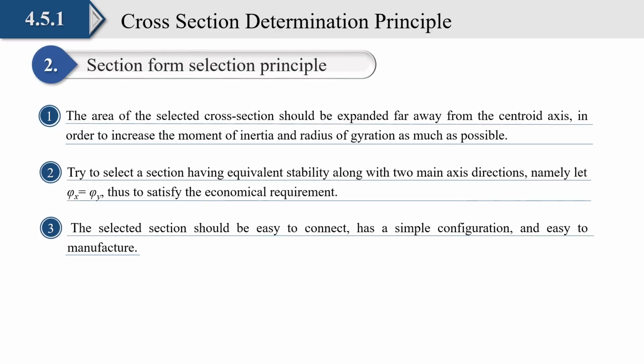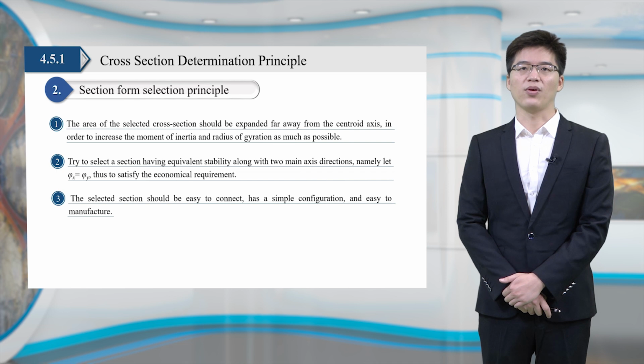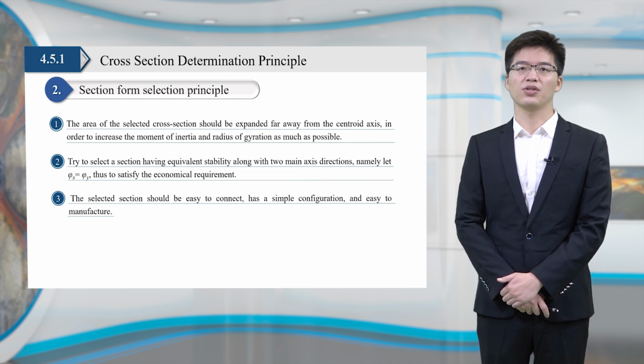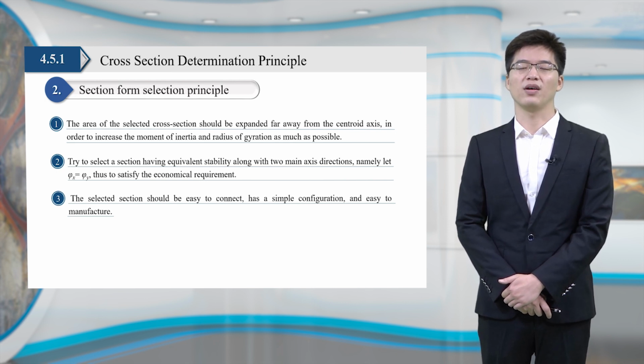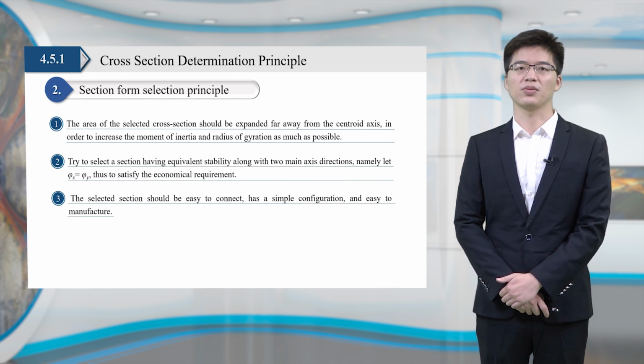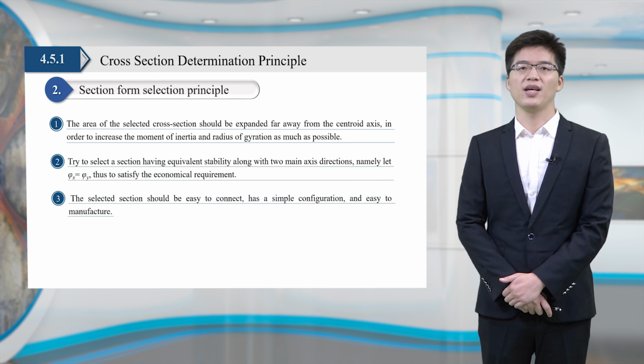When selecting the cross-section of a solid web axially loaded column, the following principles should be considered. Firstly, the area of the selected cross-section should be expanded far away from the central axis to increase the moment of inertia and the radius of gyration as much as possible, in order to improve the overall stability and the stiffness of the member.